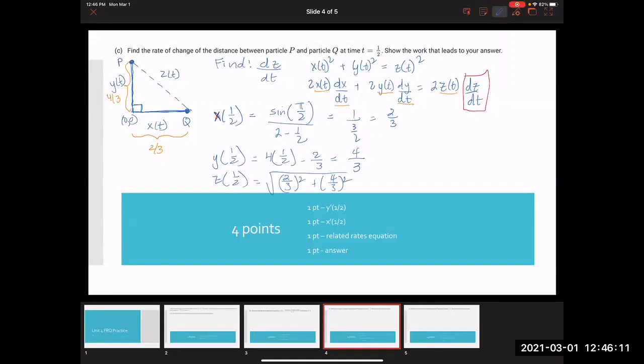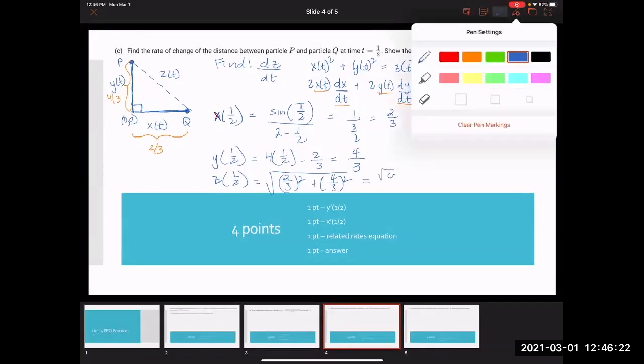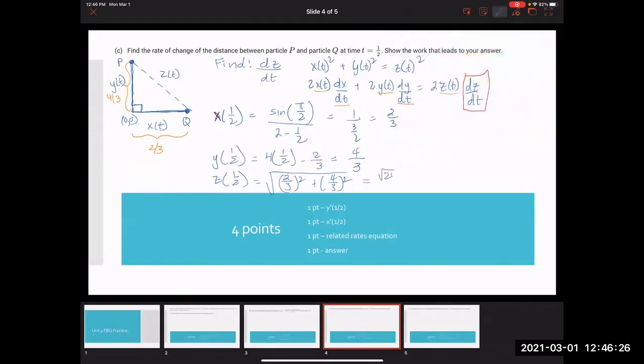All right, if you do that correctly, you should get that distance, z of t, is equal to square root of 20 over 3. So then that makes this distance right here the square root of 20 over 3.